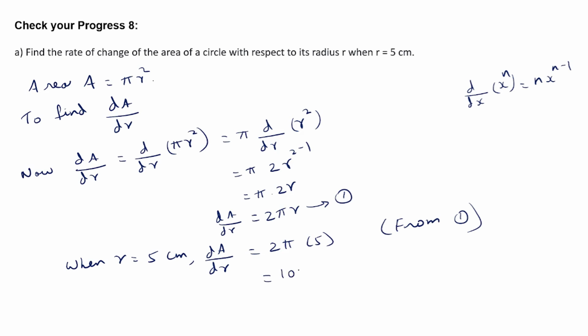So this is equal to 10 pi centimeter square per centimeter. So the rate of change of area of a circle with respect to its radius when the radius is 5 centimeter is 10 pi centimeter square per centimeter.